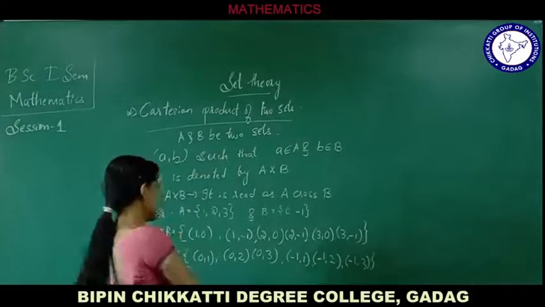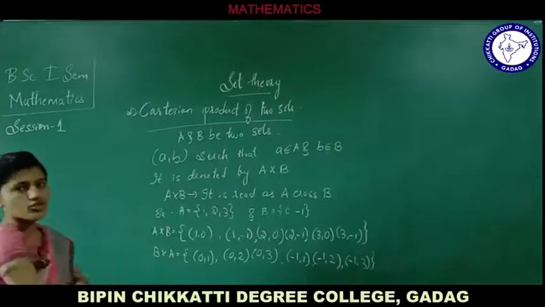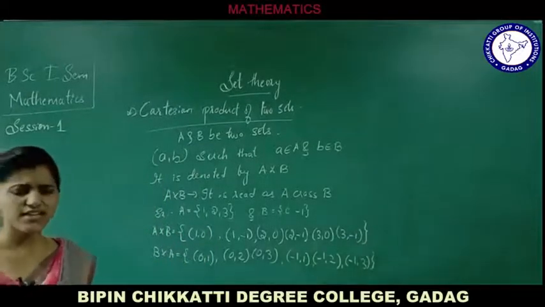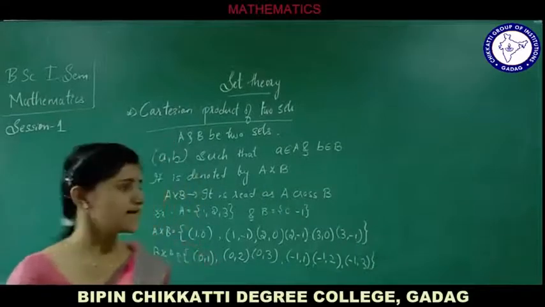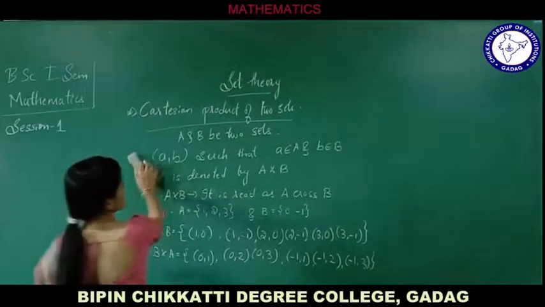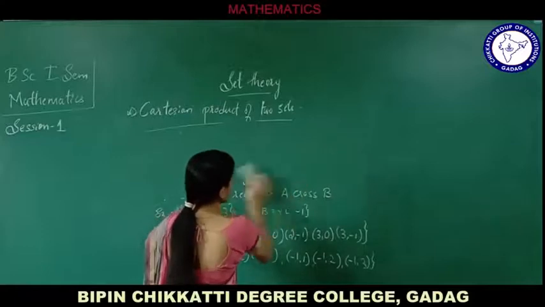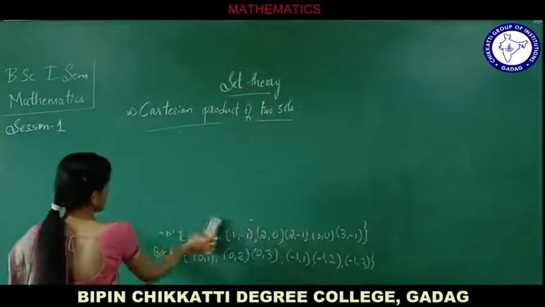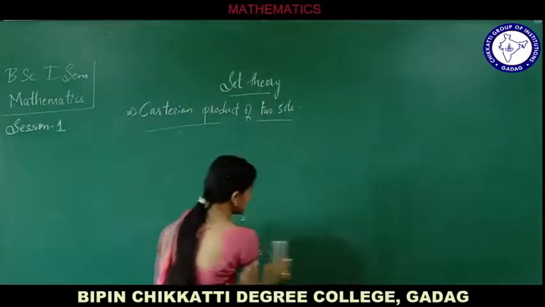Also we have that A cross B is not equal to B cross A. Let us take one more example.